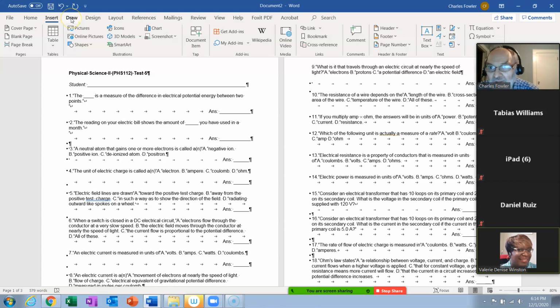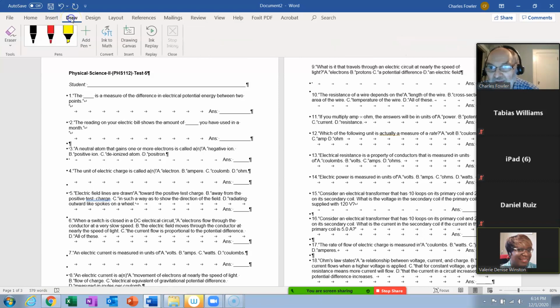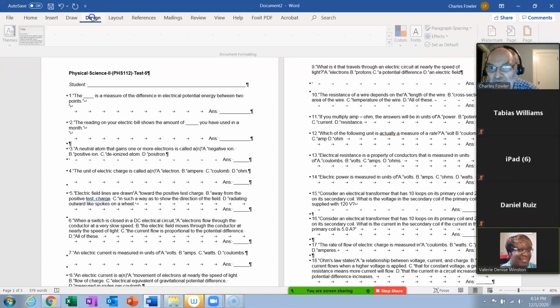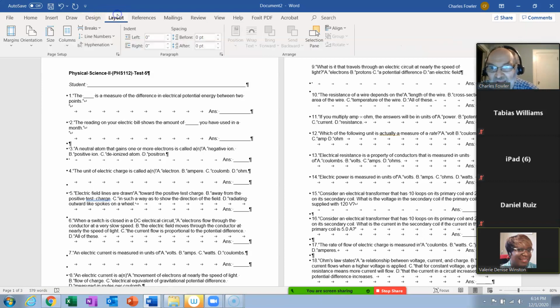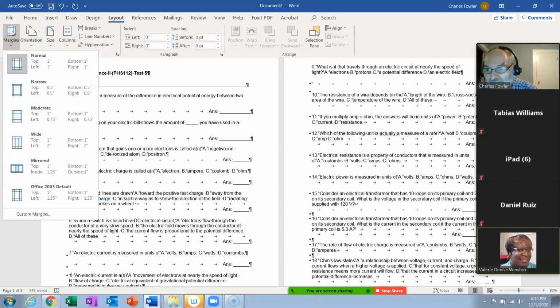You said you're trying to find the margins, right? Right. Draw, I don't want draw. Design, I don't think I want design. It's under layout. Okay. Where in the world are they here? Oh, there they are. Very first one. I see it.